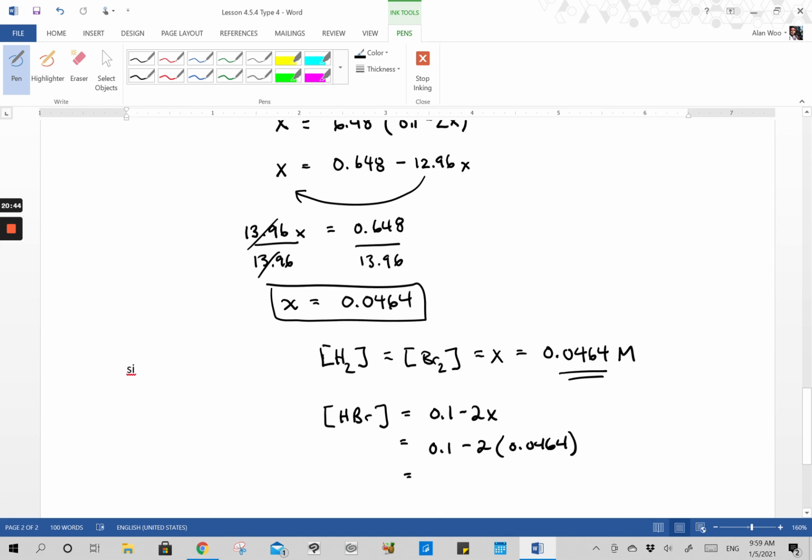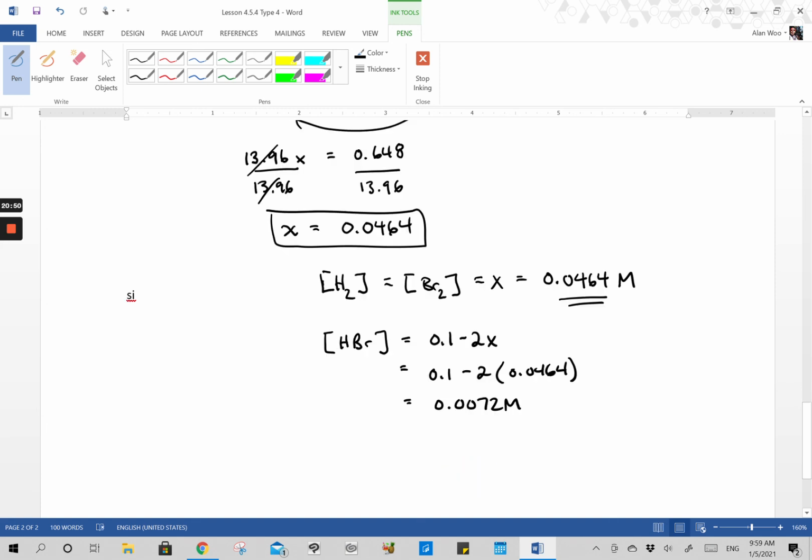And that will give us a value of 0.0072 molarity. Okay, so both of these values that we have here, these are your equilibrium concentrations that you were trying to solve in the first place.